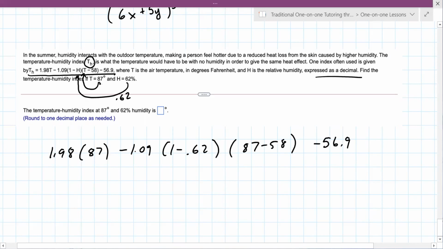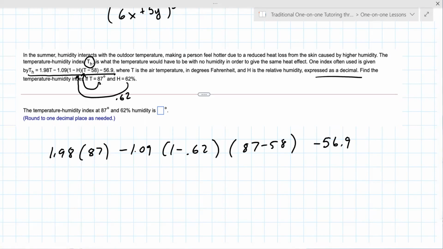So let me calculate this also. Hopefully we get the same thing. So I got 103.35 degrees. Okay, so we'll go 103.4.